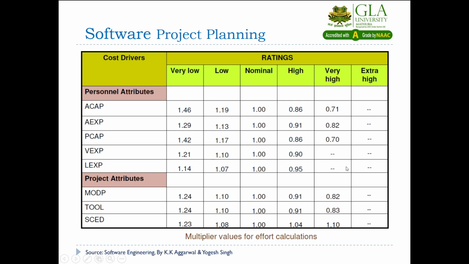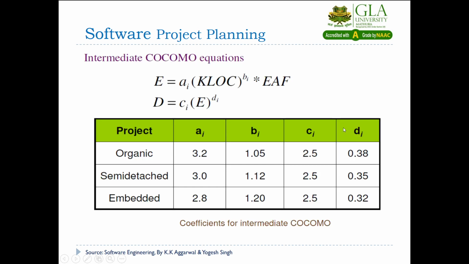There is nothing for very high and extra high. The same if we talk about application experience, how much experience he or she has related to this type of application or project development. There the very low value is 1.29, low is 1.13, nominal 1, high 0.91, very high 0.82.